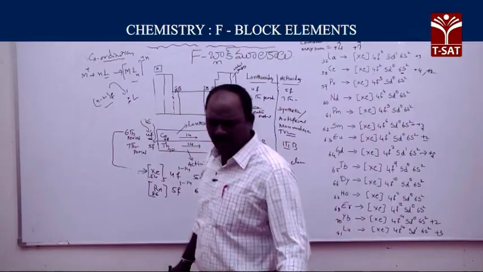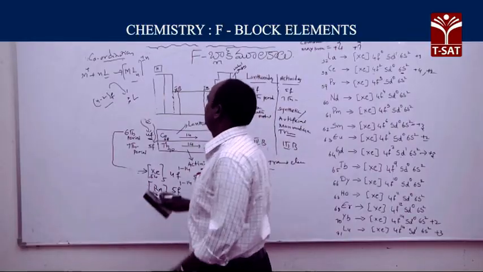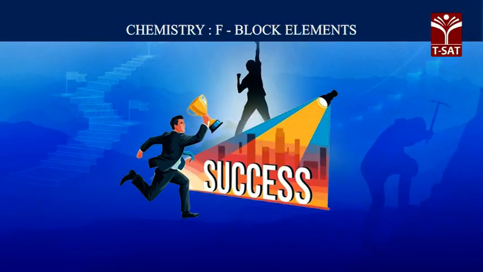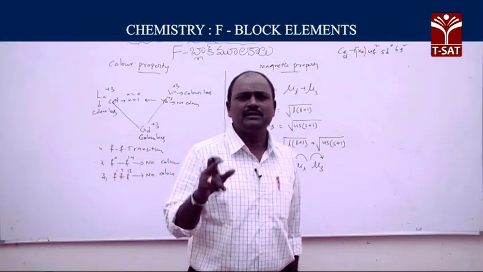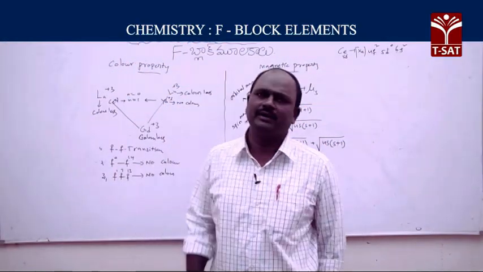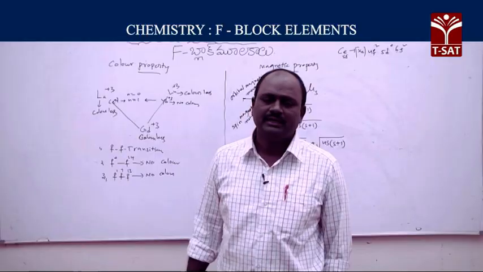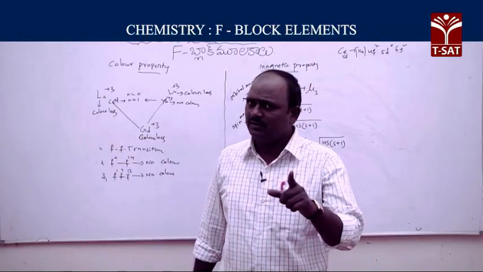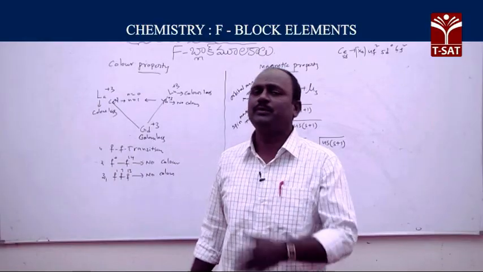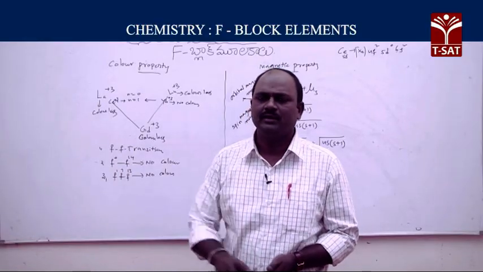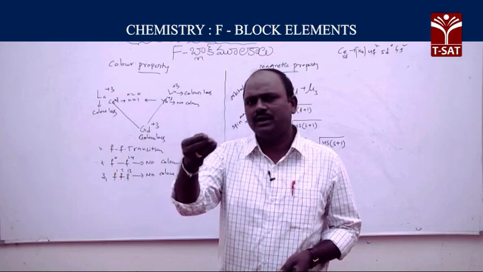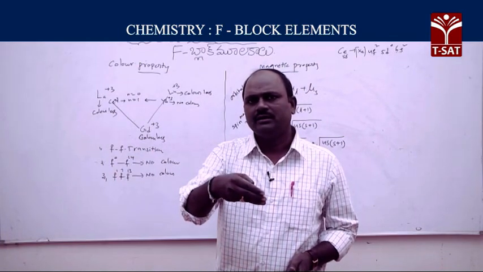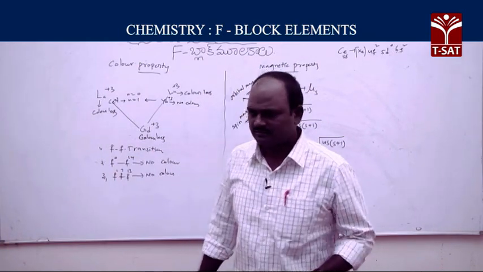After knowing the coordination complexes, the next important characteristic property of inner transition elements is the magnetic property. When you know the magnetic properties of transition elements, you can apply that knowledge to the inner transition elements as well.